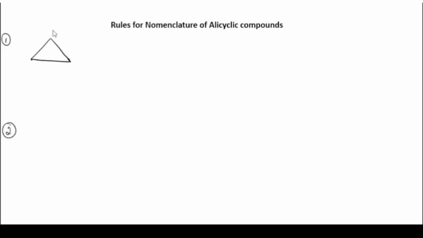The first rule tells us we have to add the prefix cyclo. Normally, what is the number of carbons here? 1, 2 and 3 are there.